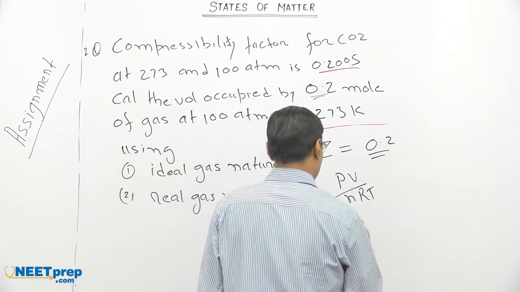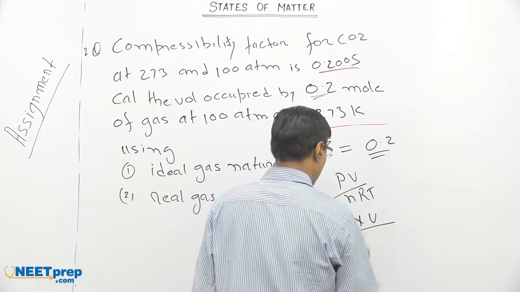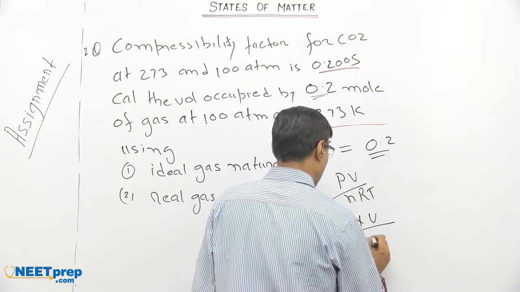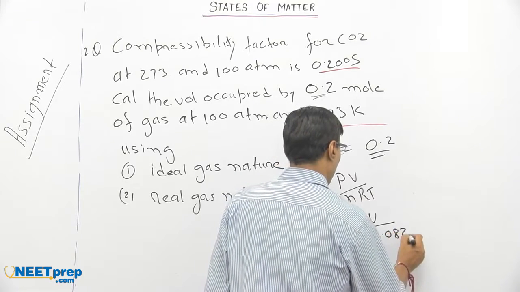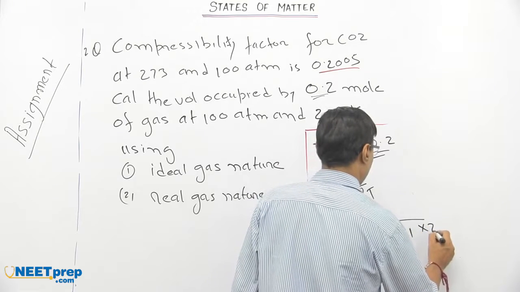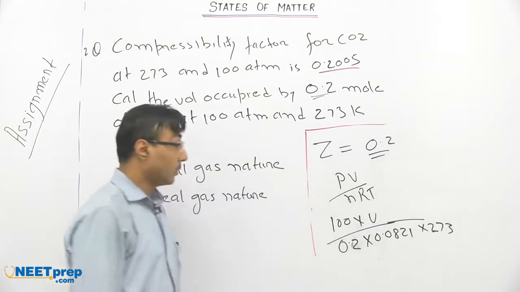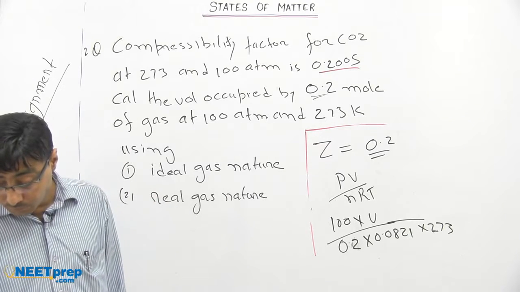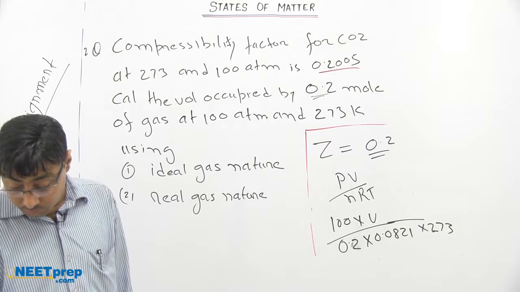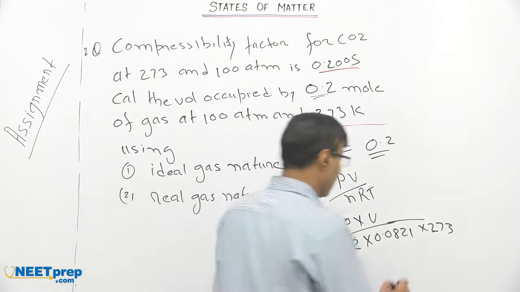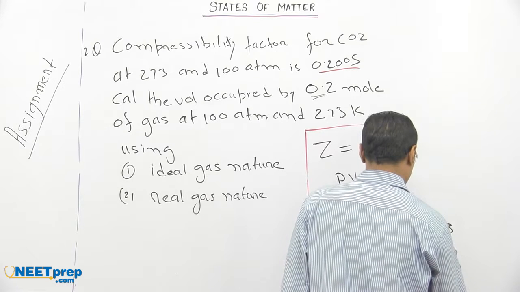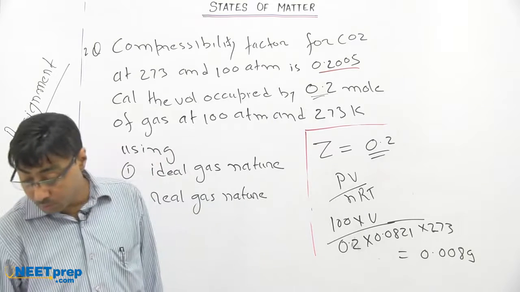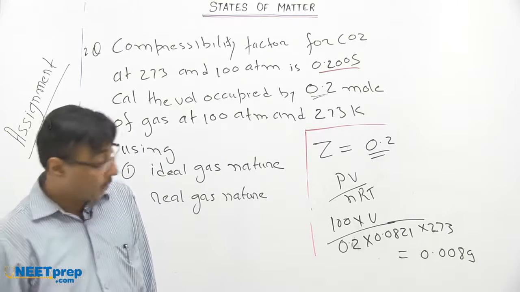P is equal to 100, V we need to find out, n is equal to 0.2, R is 0.0821 into 273. So when we solve, we get the answer 0.00898 liter.